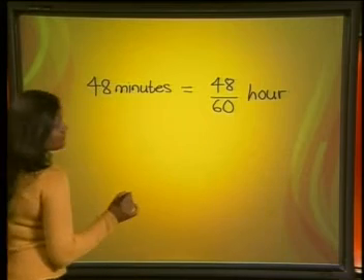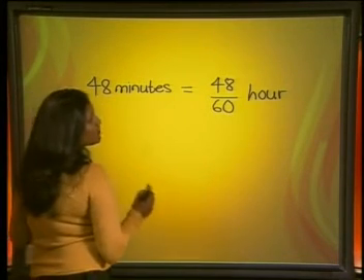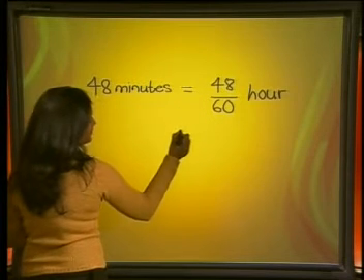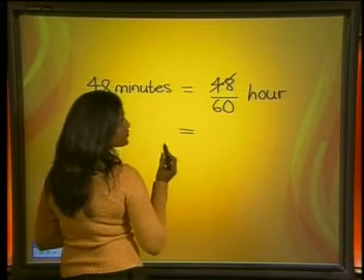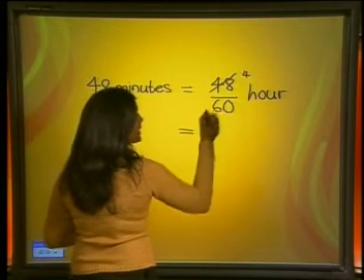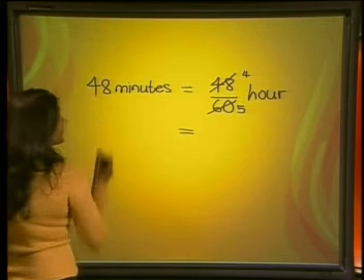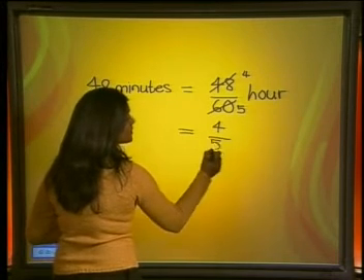Now we've got to simplify this fraction. What is the biggest number that can divide equally into 48 and 60? 12 is the biggest number. So we know that 12 goes into 48 4 times, and 12 goes into 60 5 times. So we know that 48 minutes converts to 4/5 of an hour.